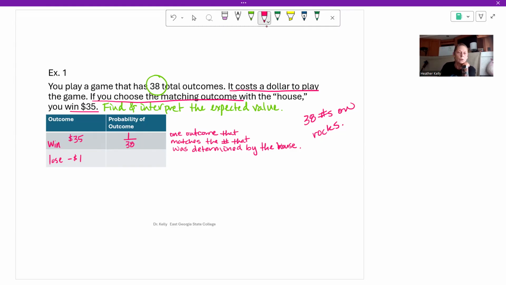Well, there's 38 total. It could be 1 minus your chance of winning, or we could say 37 out of 38, because there's only one winner.